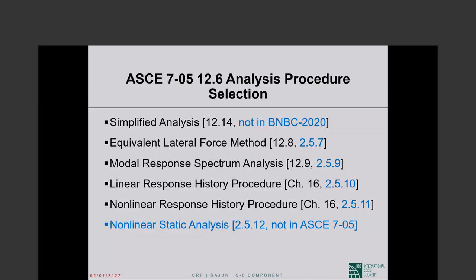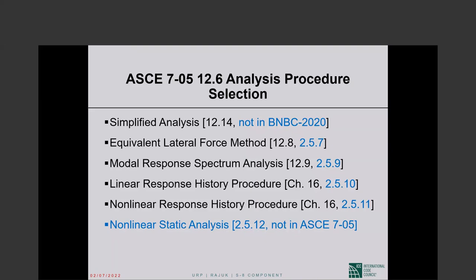Now, nonlinear static analysis was something that was never important, but it seemed to be catching on way back in the 70s, 80s. And then it not only didn't catch on, it has totally fallen out of fashion. And our codes do not have them anymore.